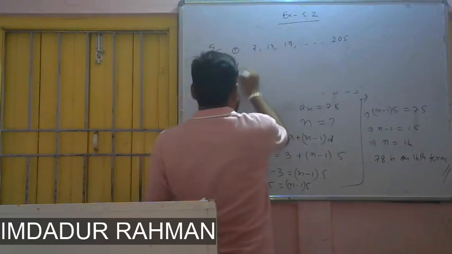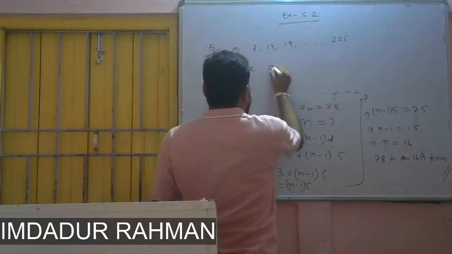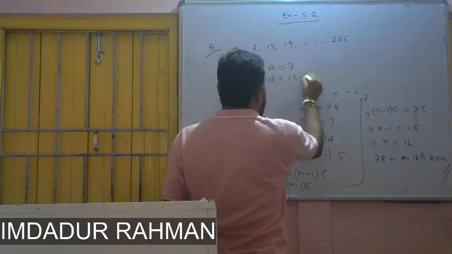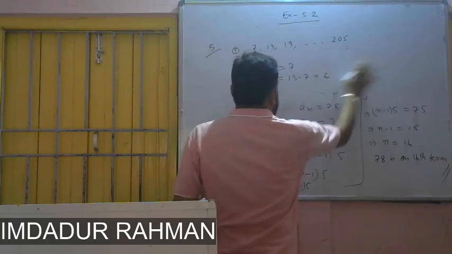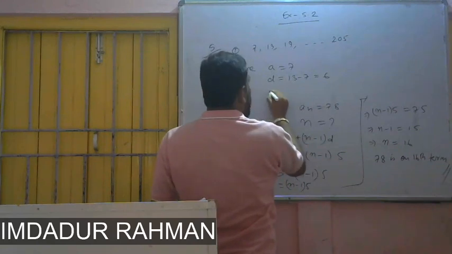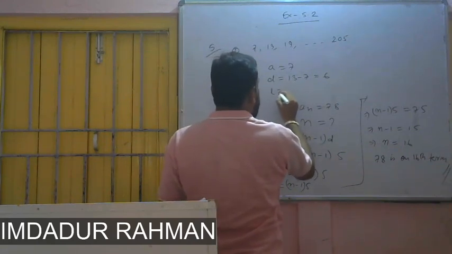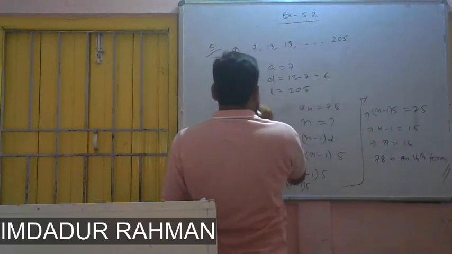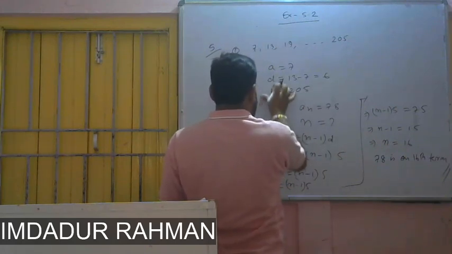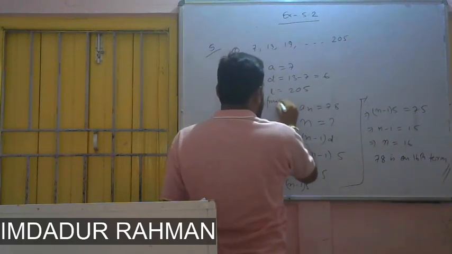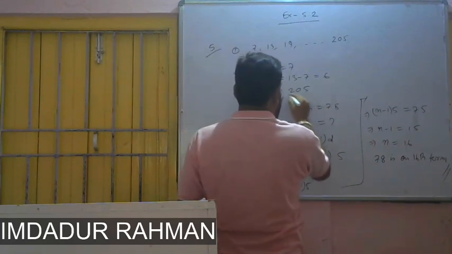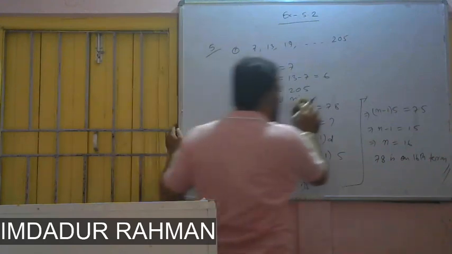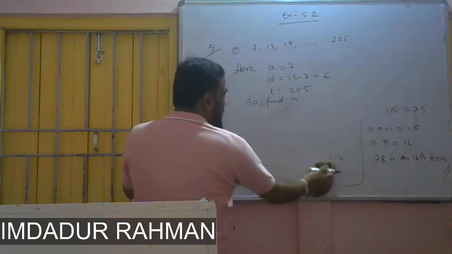Here A is equal to 7, D is equal to 13 minus 7, that is 6, and L is equal to 205. To find N, we have to find the number of terms. How many terms are there in this series? We have to find this.